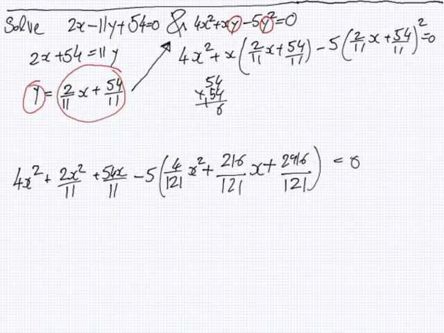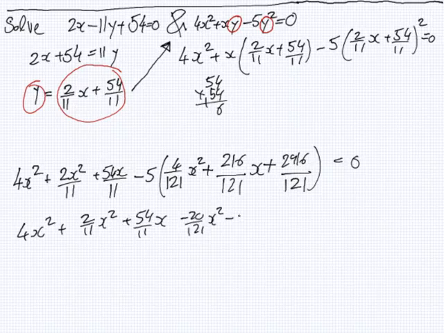Now we have to multiply by 5, so we have 4x squared plus 2 over 11 x squared plus 54 over 11 x minus 20 over 121 x squared minus 1080 over 121 x minus 14580 over 121 equals 0.